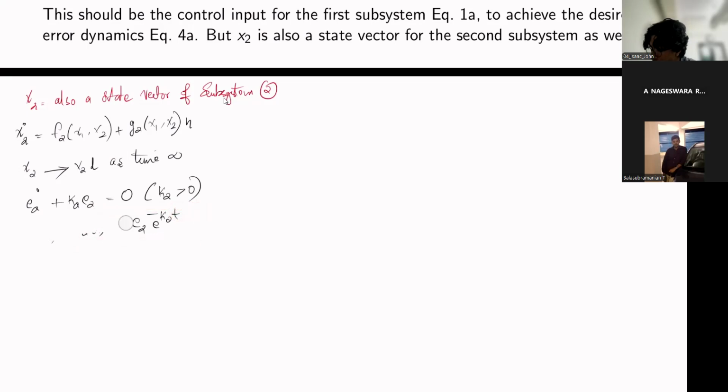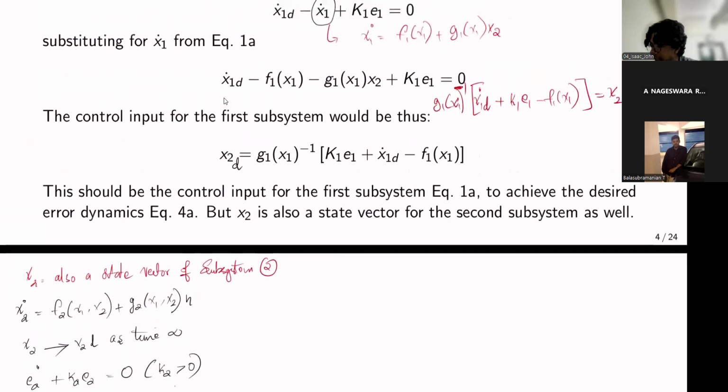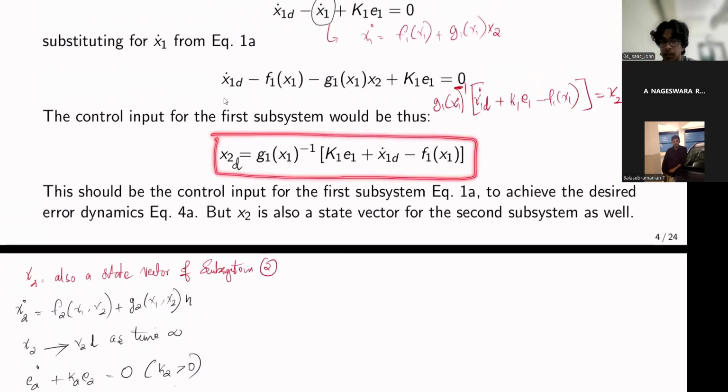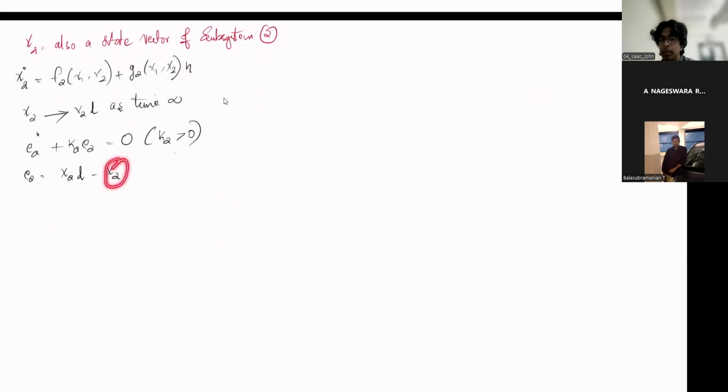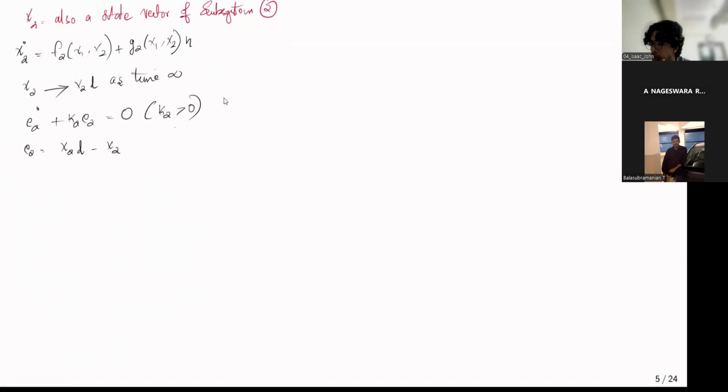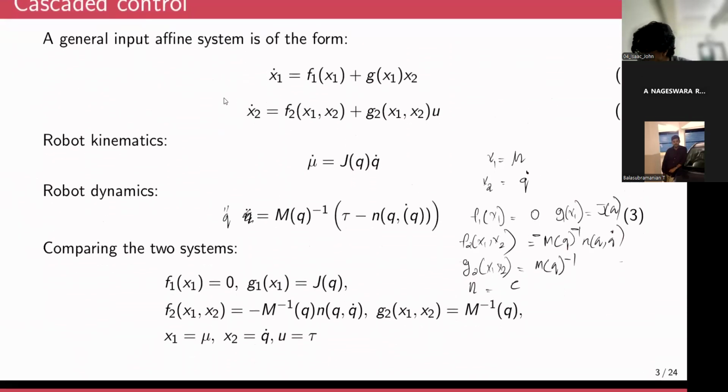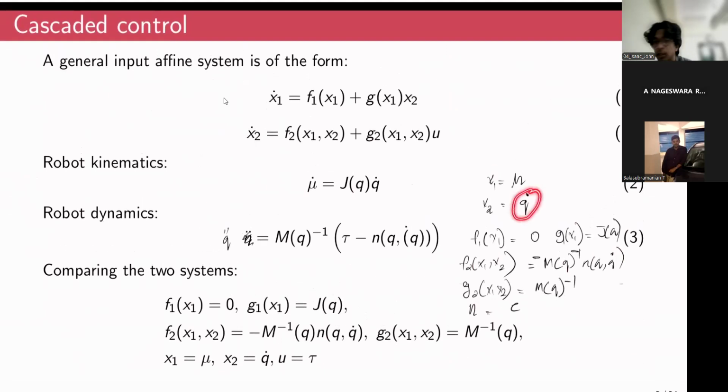We also know that E2 is the difference between the desired state vector x2 desired, which is the control input for the first subsystem, and the actual state x2, the actual measured state measured by the sensors. If you go back 2 slides before, we know that x2 is nothing but q dot, the velocities.